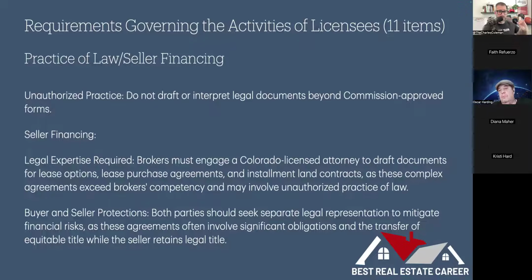You might be able to keep your license because it's not technically unauthorized practice of law, but if VA or FHA, if HUD finds out that you've done this, they might not allow you to do an FHA or a VA loan. And that's like 30 to 40% of all loans that are done in the United States. More than that, they could take it away from the whole brokerage. So the whole brokerage could lose the ability to do those types of deals.